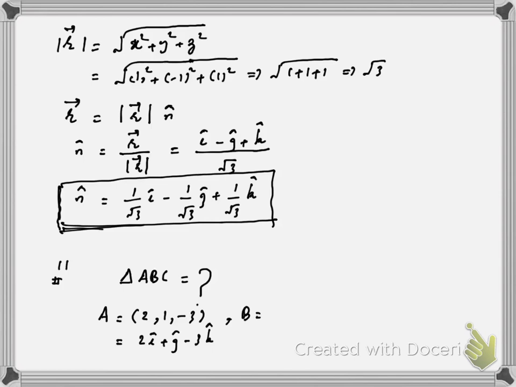B is equal to 1, 1, 0, equals i cap plus j cap plus 0k cap, and C is equal to 1, minus 3, 2, equals i cap minus 3j cap plus 2k cap.